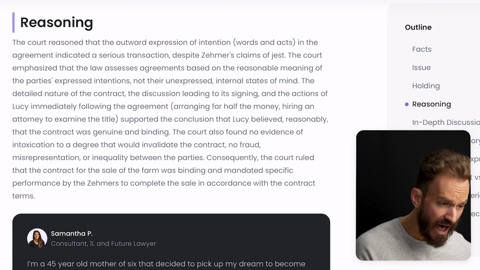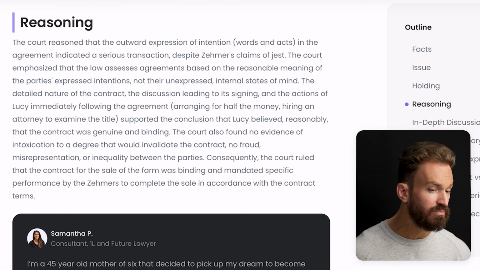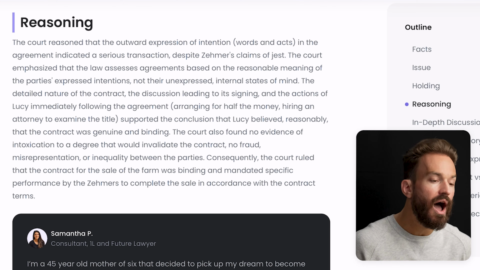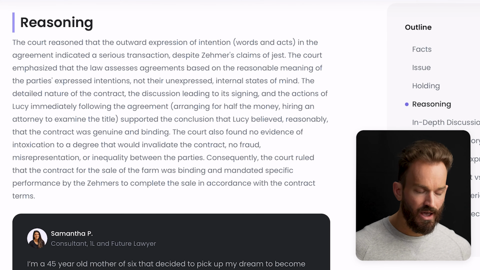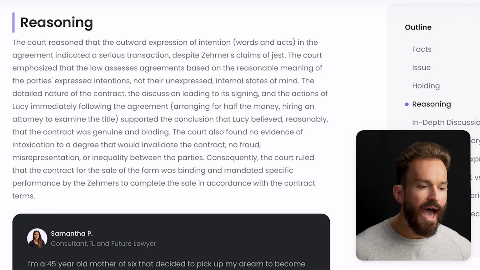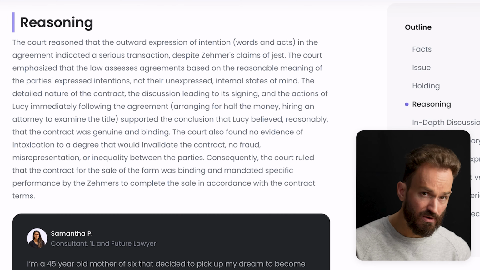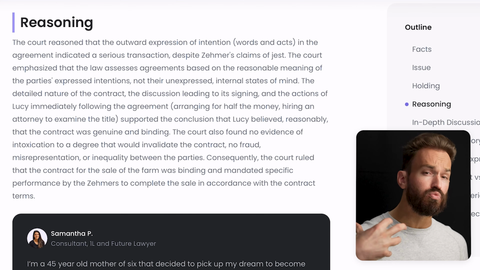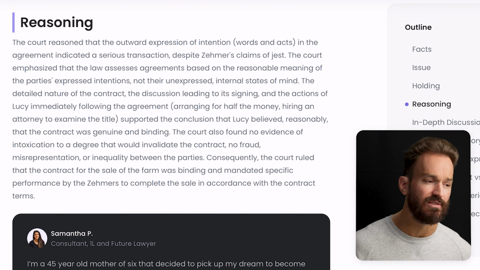The court emphasized that the law assesses agreements based on the reasonable meaning of the parties' expressed intentions, not their unexpressed internal states of mind. So the court says here, look, in determining whether we have mutual assent, a meeting of the minds, a true offer and acceptance, we look at the outward words and actions of the parties, not the subjective hidden intentions.